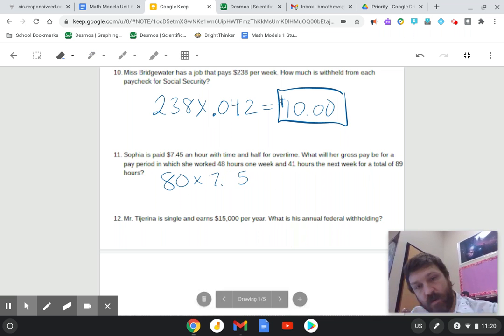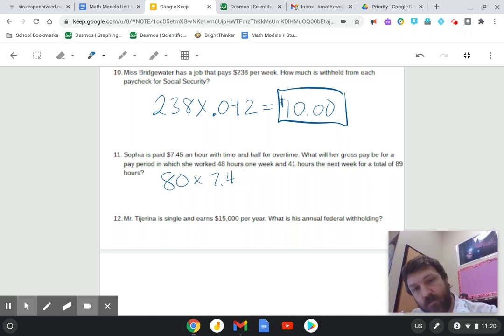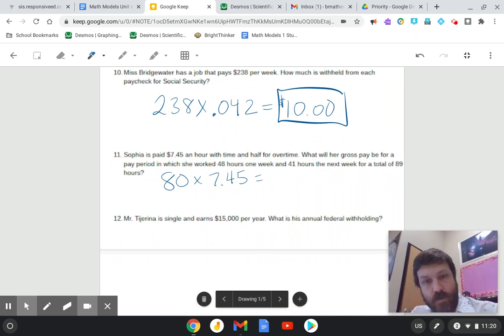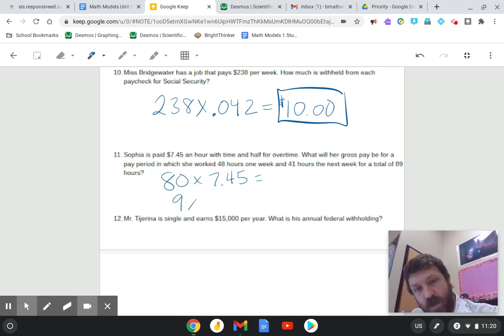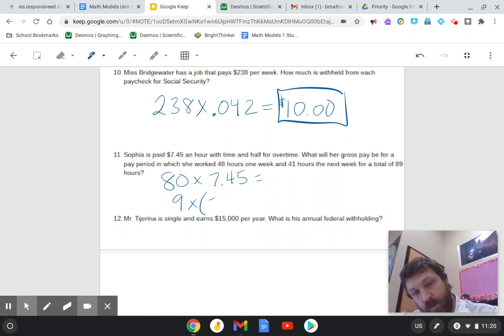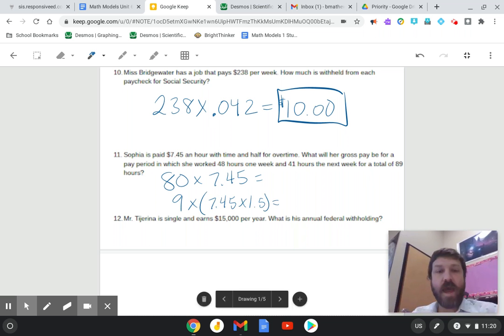Let me erase that and get that written a little neater. $7.45. And then we're going to add to that the other 9 hours times time and a half. The way that looks is you're going to multiply 7.45 times 1.5, and that's the rate you're going to use. So when I add the answers to these two, that will be the total pay.